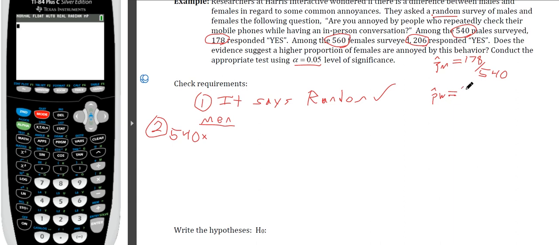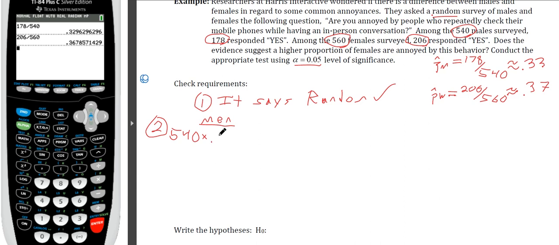That'll be 206 out of 560. And we could just round these to 2 decimal places to make it easier for us. So on our calculator here, we could type in 178 divided by 540, and also 206 divided by 560. We get 33% and 37% approximately. So 0.33 and 0.37.